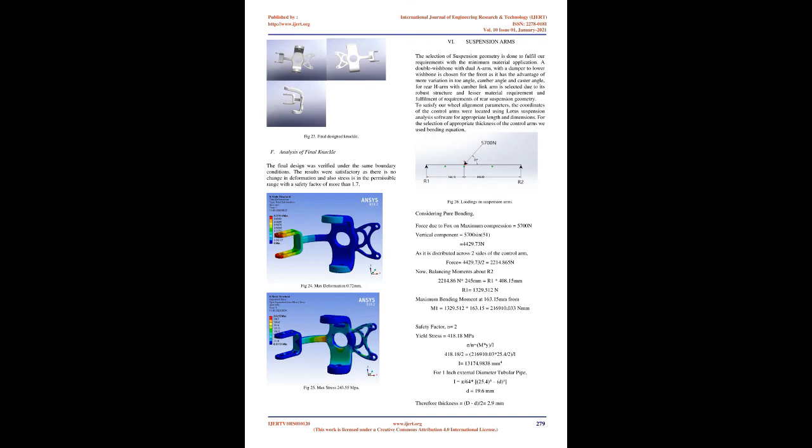1. Forces on lower ball joint. FLB,V equals 2660.76 N in vertically downward direction. FLB,H equals 1389.58 N in a horizontal direction towards the wheel center. 2. Forces on upper ball joint.